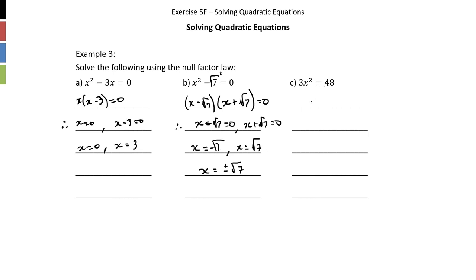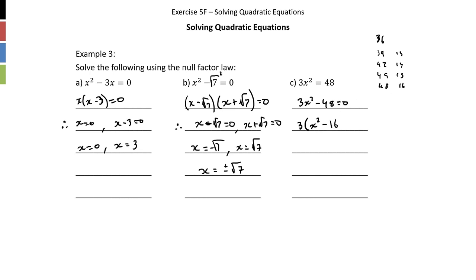3x squared equals 48. I can turn that into 3x squared minus 48 equals 0. Again, can I take out a common factor? We can take the 3 out. We get x squared minus 48 divided by 3. If I can get my brain to work, what is that? 36 is 12, so 39 is 13, 42 is 14, 45 is 15, 48 is 16.